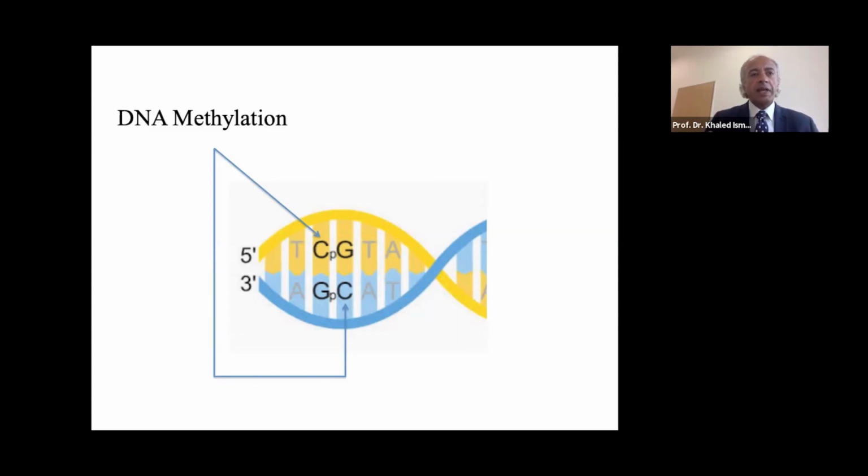And sometimes when you get these clusters of C's and G's, CpG we call them, this area is called a CpG island. And when you get methylation of many cytosines within this cluster of CpGs, the CpG island, this gene that is represented by these nucleotides can become switched off.